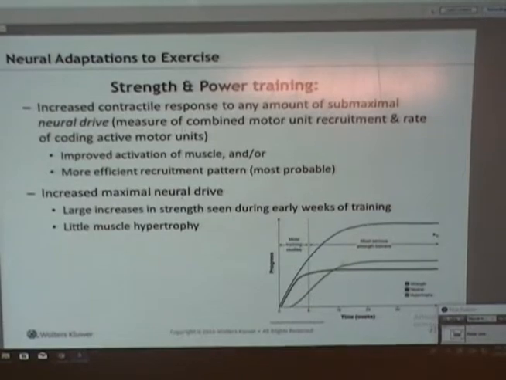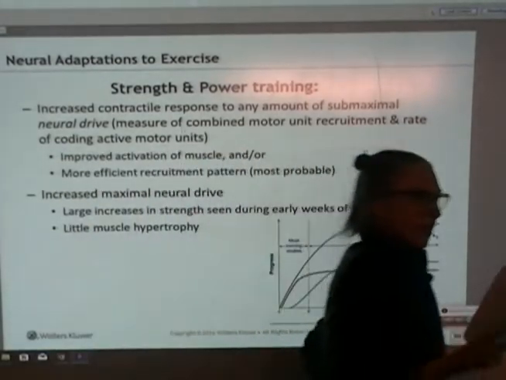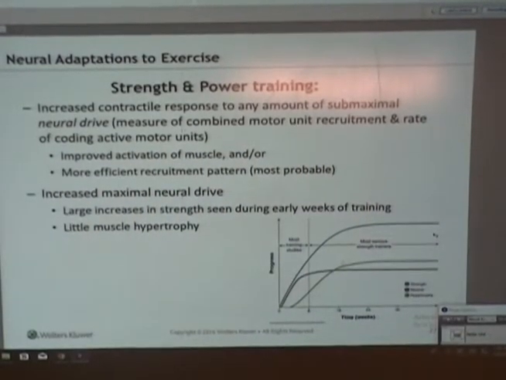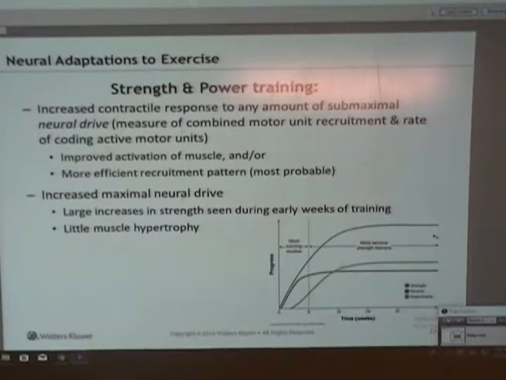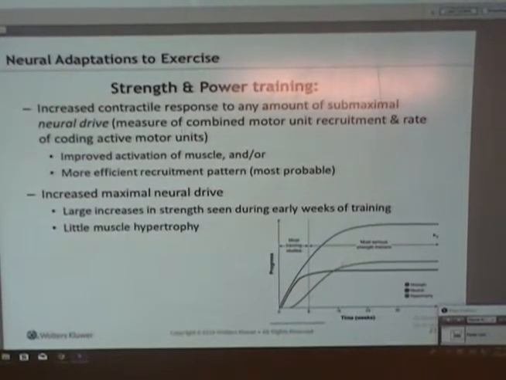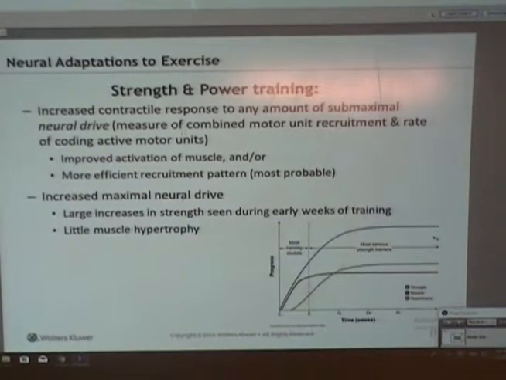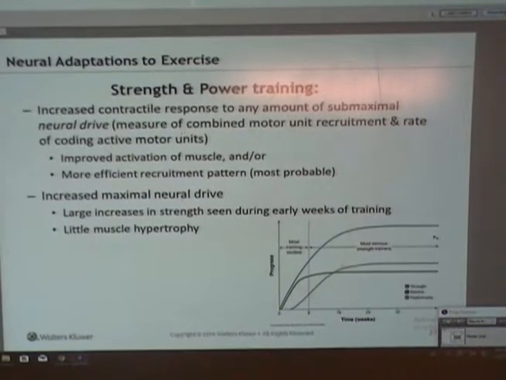So what adaptations do we see? We talked about adaptations in the skeletal muscle system to training. What happens in the neural system, in the nervous system, when we do skill training or strength training?